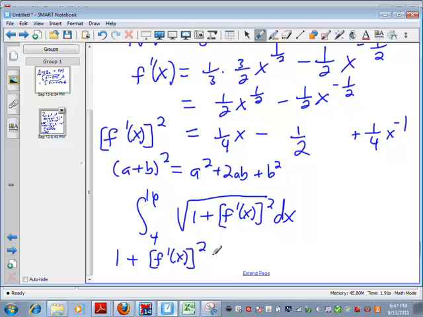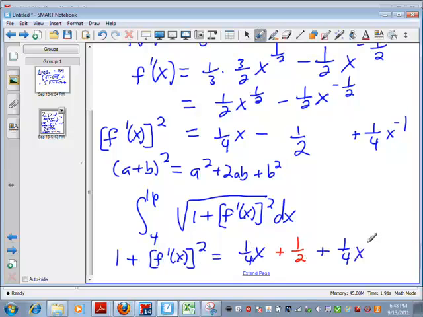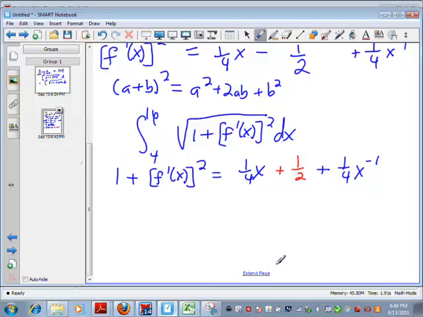I'll remark that that is 1/4 x plus 1/2 plus 1/4 x to the minus 1. It's minus 1/2, isn't it? I added 1. Oh, it's 1 plus that. That's why I have it in red, because adding 1 makes it a plus 1.